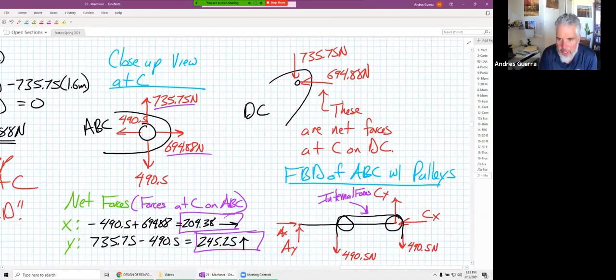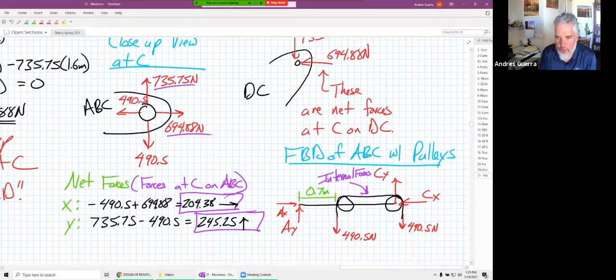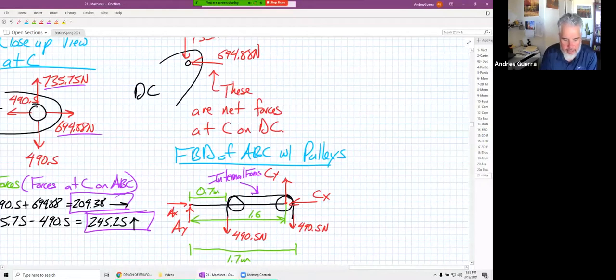Now, another thing that happened though is that this distance right here is now 0.7 meters, and the distance all the way out to here is now 1.7 meters because of that pulley, because to here is 1.6. So like all the way to there, that is 1.6. Our process would actually be exactly the same.